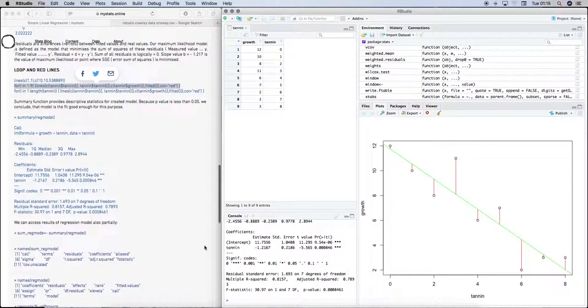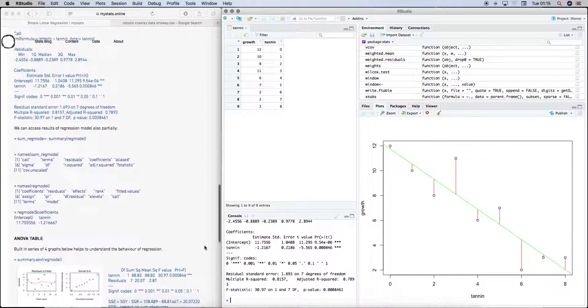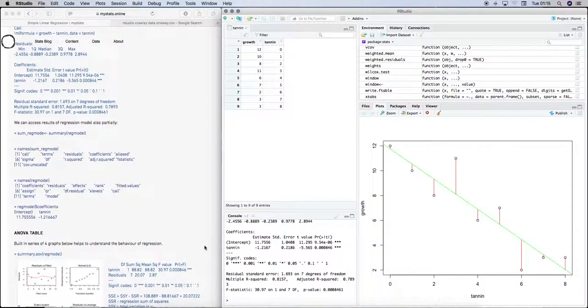Based on these numbers and the p value, which is extremely small and much smaller than our desired confidence level 0.05, we can already say that our fitted green line is a very good fit, because p is much smaller than 0.05.